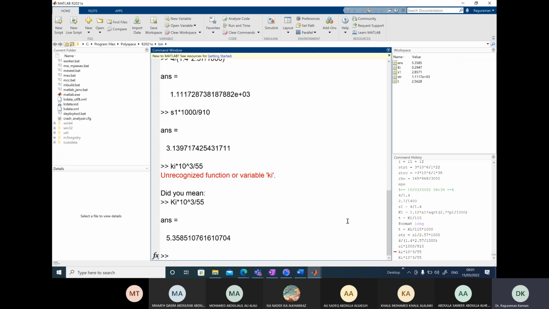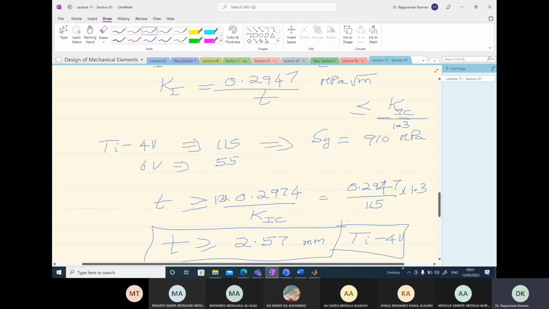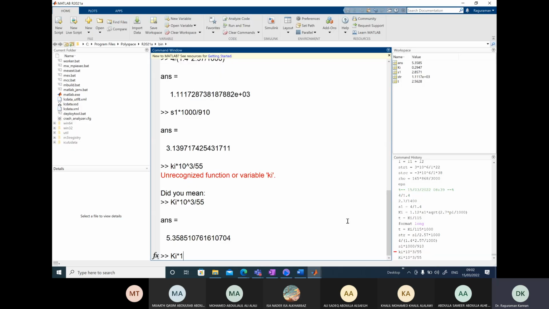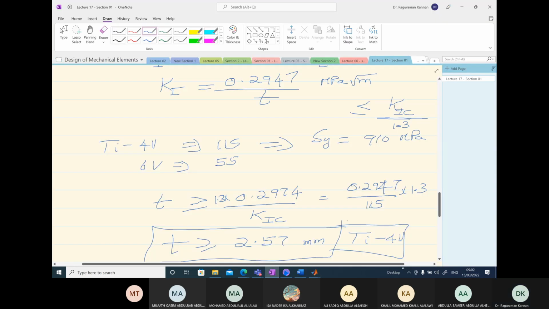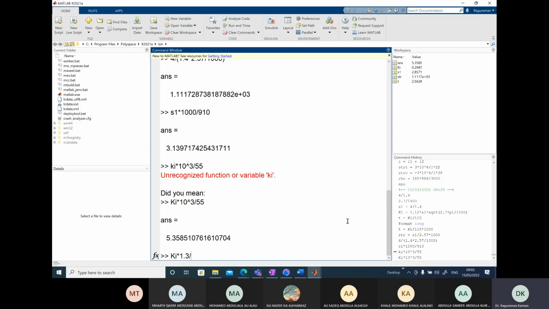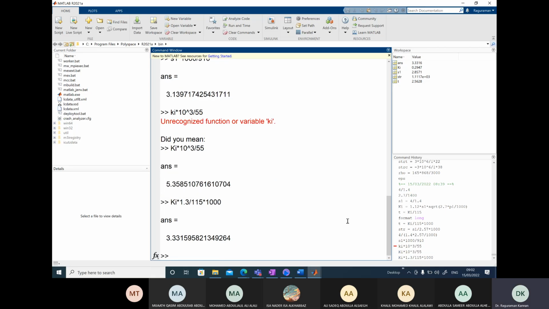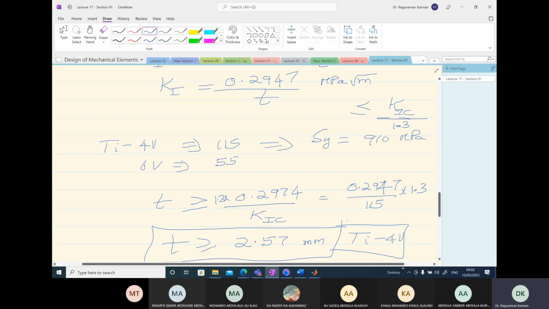In our case, KI times 1.3 over 115 times 1000 to get it in millimeters. So with this we have 3.331.